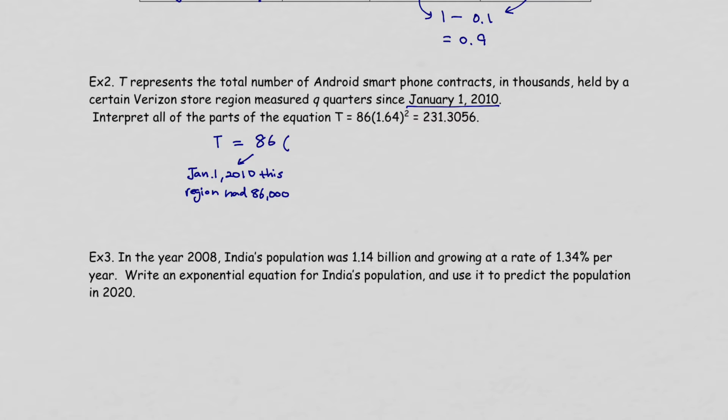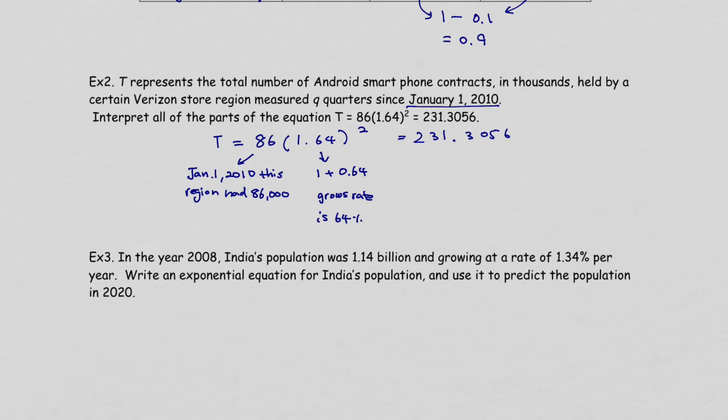And then what else do we have? 1.64 squared equals 231.3056 is given. So this one right here, we can tell that's equal to 1 plus 0.64, right? So we can tell this is going to be the rate, and this is growth, right? Instead of decay, it will be growth. So the growth rate is going to be 64%.